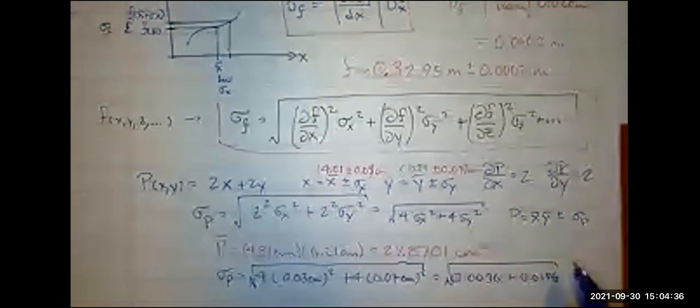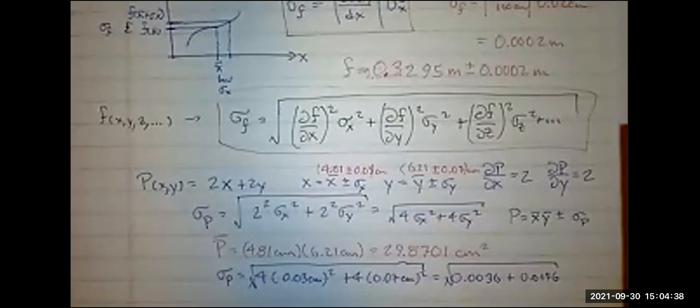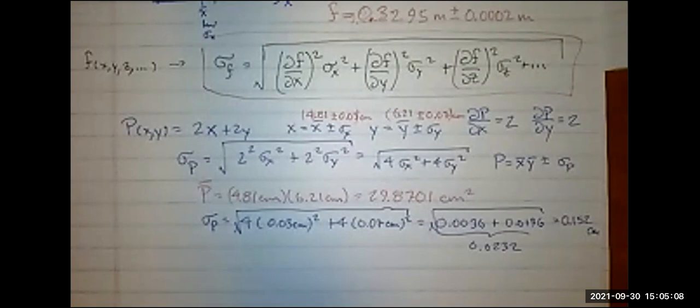And now I'll take the square root of all that. So I added them, which gave me 0.0232. And now I take the square root of that and I get 0.152. And that should be in units of centimeters. Okay.